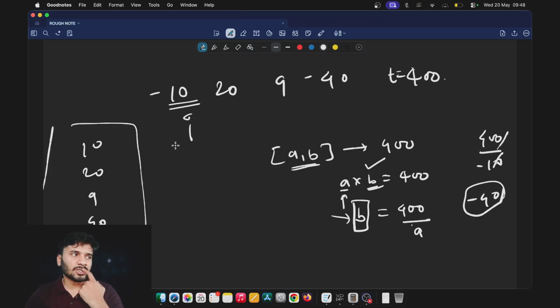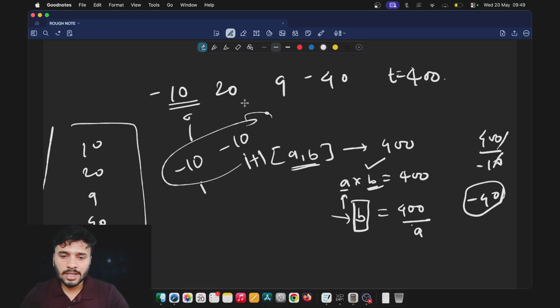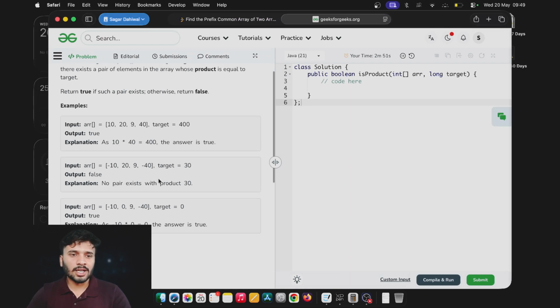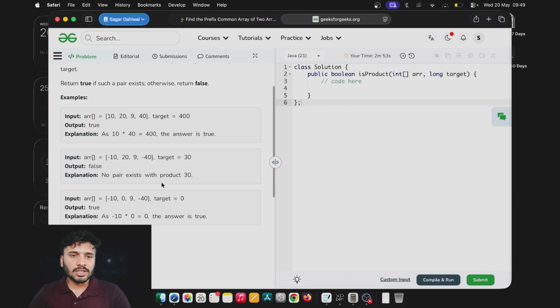We have to check that it should not happen, right? It might happen that there are two elements on different indices, okay, and these are the same. So we have to check that one also.